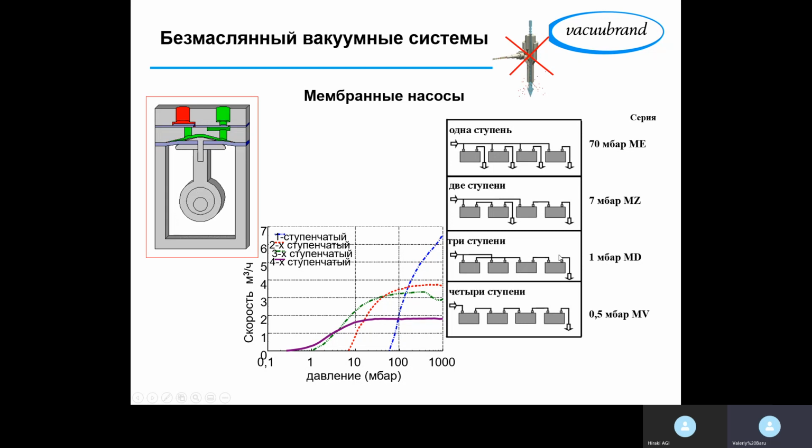If you're buying an MD pump, three-stage pump, which can go down to 1 millibar, in case of the rotary evaporator you will be able to reach a vacuum of about 3 millibars. So here we have 1, 2, and 3. 3 millibars is pretty much okay.